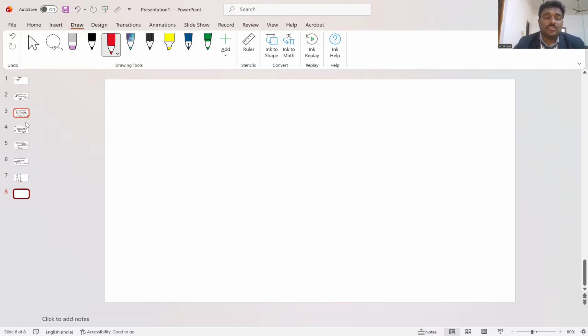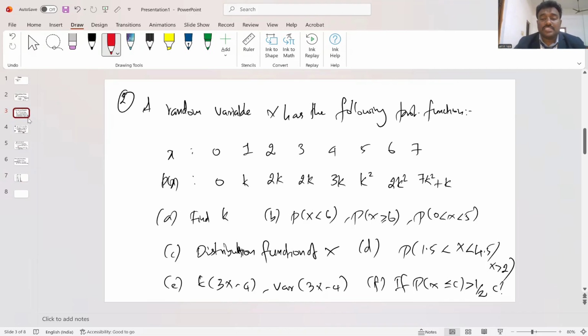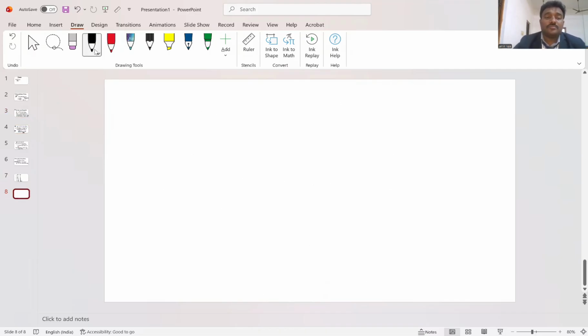Yes. So next we are moving on to find the probability from 1.5 to 4.5, with the condition x is greater than 2. So what is this conditional probability? We have two statements, one is an actual statement, the other one is a conditional statement.